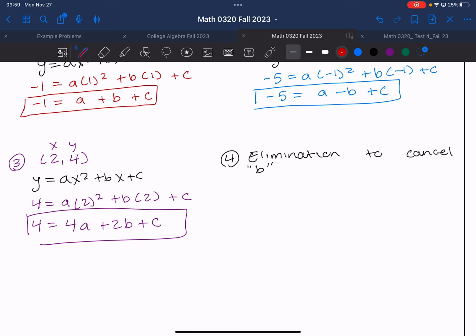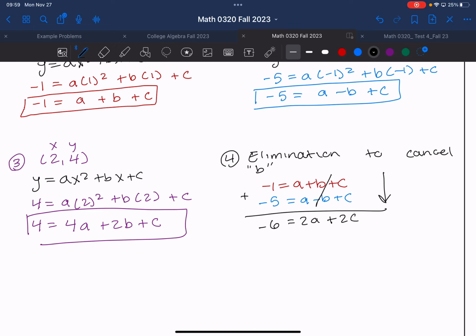So that means I'm going to take my equation in red, so negative 1 equals a plus b plus c, and I'm going to add it to my blue equation, negative 5 equals a minus b plus c. And I'm literally just adding these equations down. So negative 1 plus negative 5 is negative 6. a plus a is 2a. My b's cancel, and c plus c is 2c. Okay. This is another equation that I found.